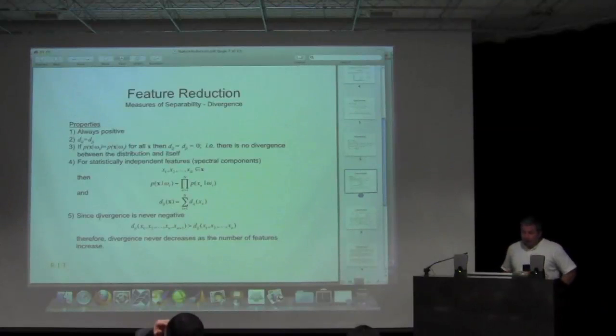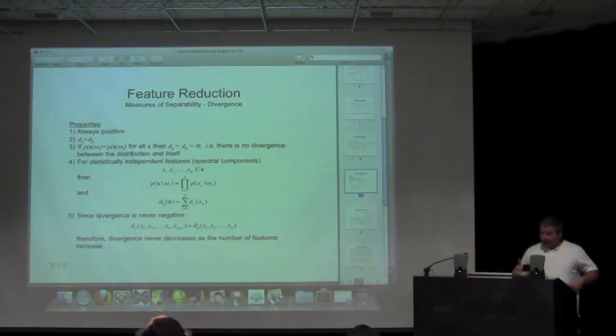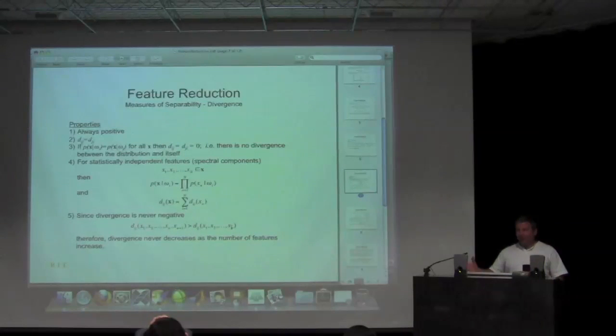But really the most important one, I think, is this last one: if I have n plus 1 bands, so if I have 10 bands, the divergence from 10 bands is always going to be greater than the divergence from 9 bands. So by adding more data, my divergence is always going to get greater.